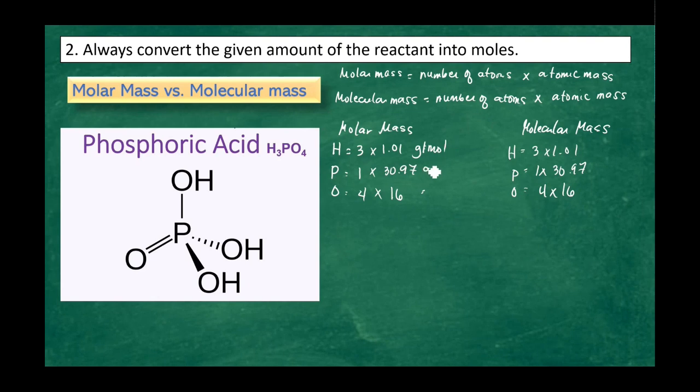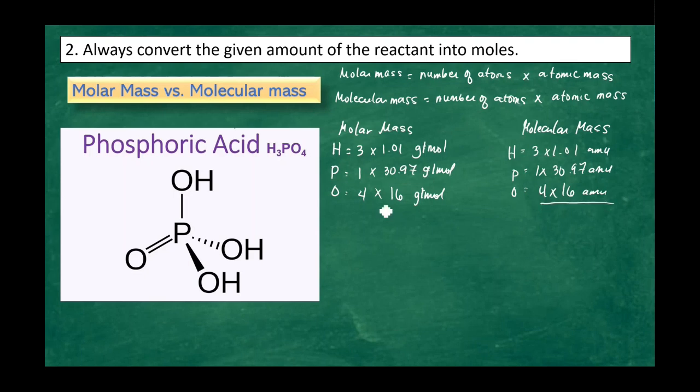For molar mass it is grams per mole, and here we have AMU. In the previous lesson, we used AMU as its unit, so I changed it to molecular mass. So here we have our molar mass and molecular mass.